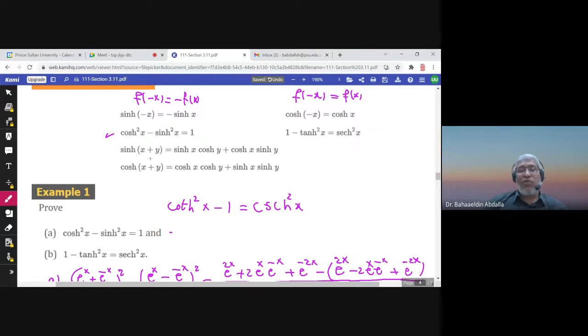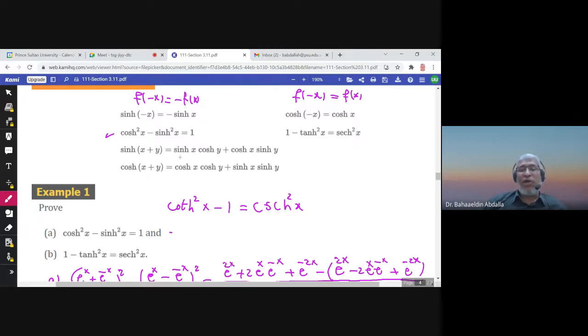Also, we have these two formulas, sinh x plus y and cosh x plus y, similar to the formulas we have in the trigonometric functions sine x plus y and cosine x plus y. But here we have positive in both formulas, so it's easier.